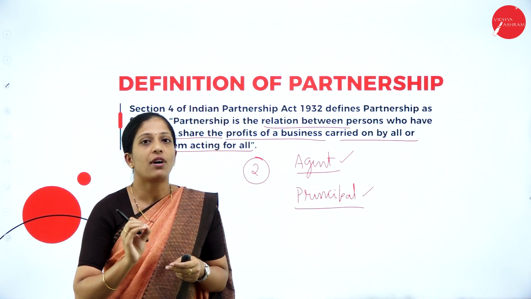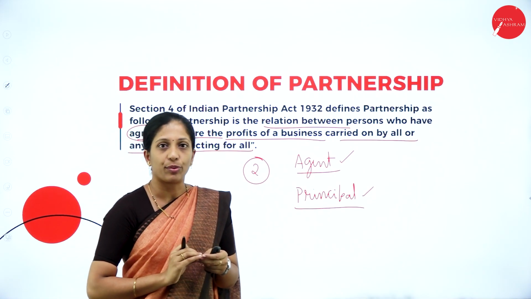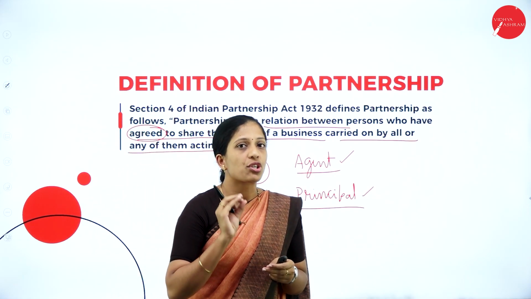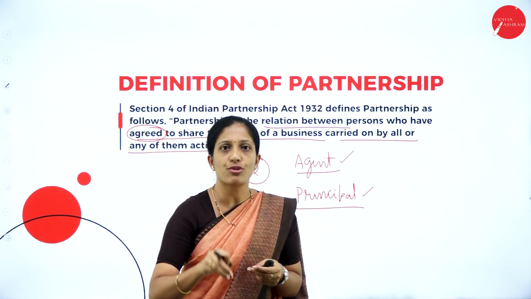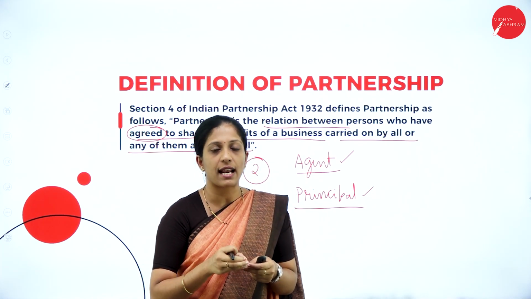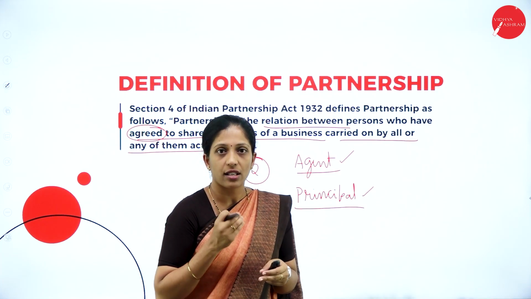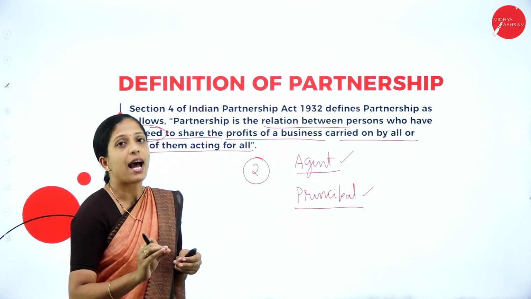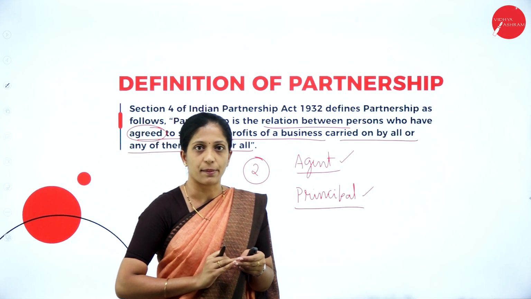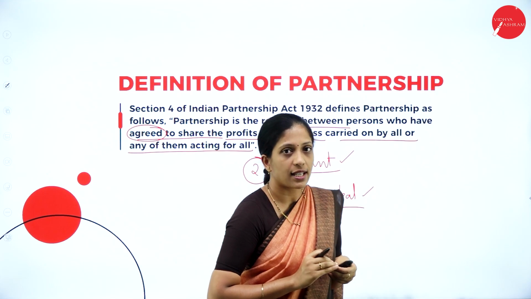So a partnership firm should be a business activity where the main intention is to earn profit, and each and every partner has a right to share the profit of the business and also the right to take decisions in the business, and each and every partner should act as an agent as well as a principal. When the partner follows the decisions of others, he acts as an agent.